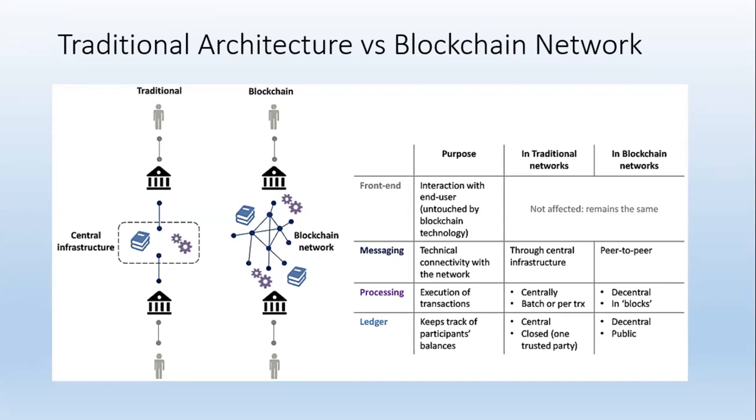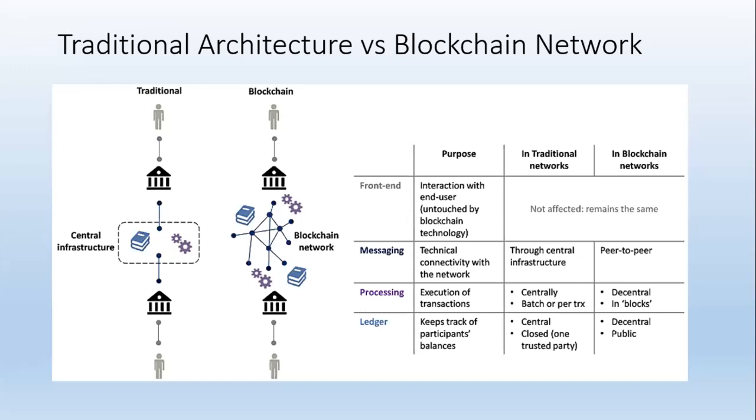The front end part is actually the same in both the traditional network and the blockchain network, through which the end user interacts with the network. There's no change in that front end part. Whatever the type of network, whether it's a blockchain-based network or a normal network, the front end through which the user interacts with the network has no change.